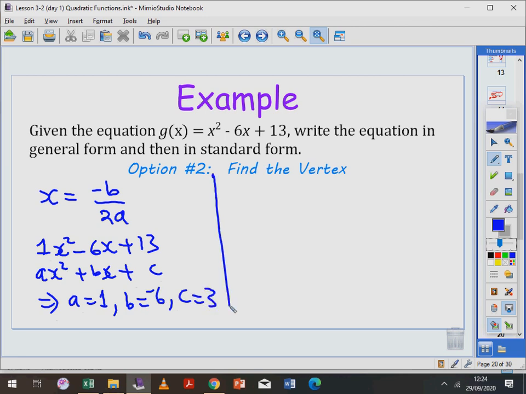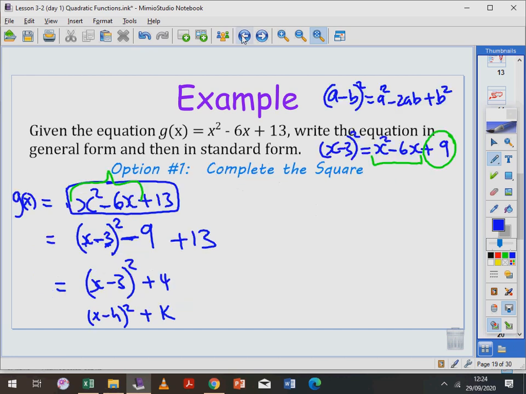So since I know that the x value of the axis of symmetry is going to be negative b, which is negative negative 6, divided by 2 times 1, which is 6 divided by 2, which is 3. Is that the same thing we got here? Yes. Here our h value was 3, because if you compare this to this, negative h is equal to negative 3, h is 3, and our k value was 4. So our vertex was (3, 4).